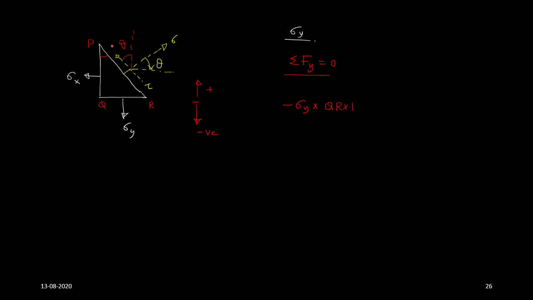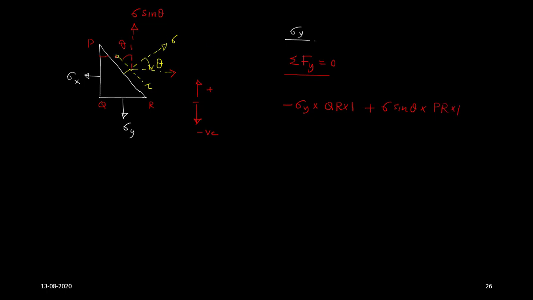And if you look at this surface here, I have a stress sigma. So this will be having a component sigma cos theta, and it will be having a vertical component which is sigma sin theta. So this will create a force in the upward direction, that is sigma sin theta into PR into 1.